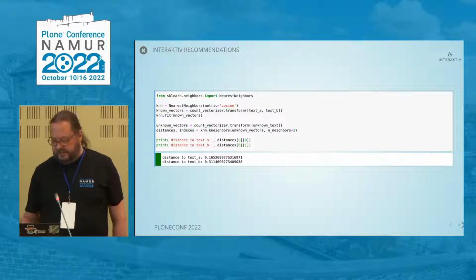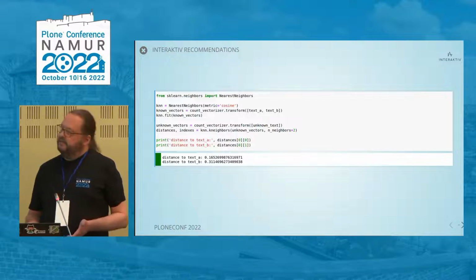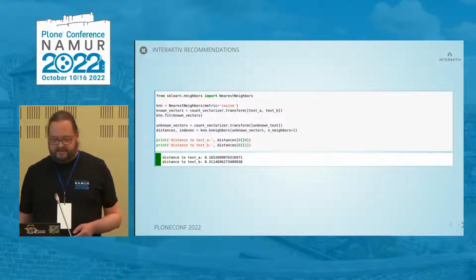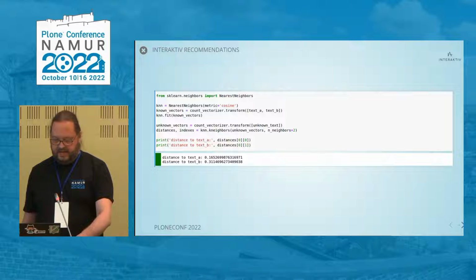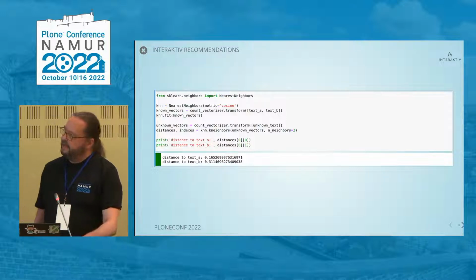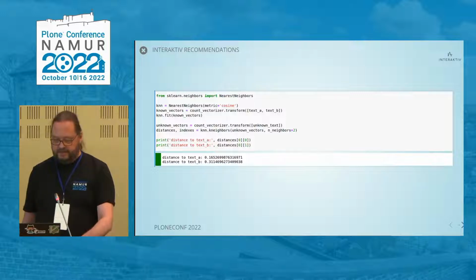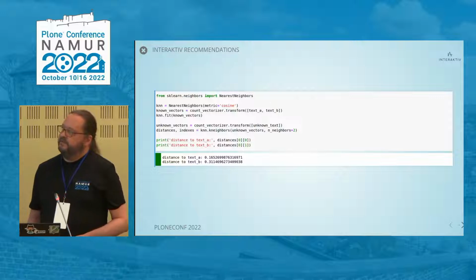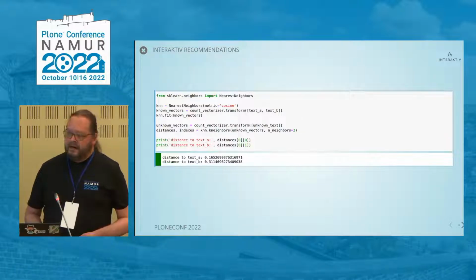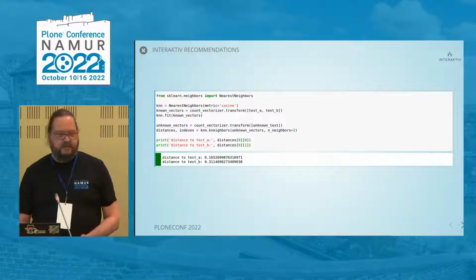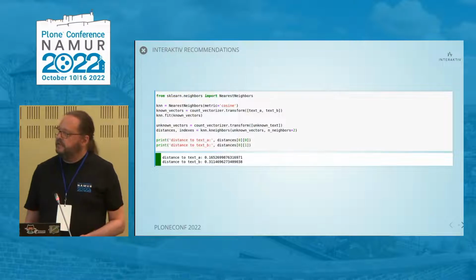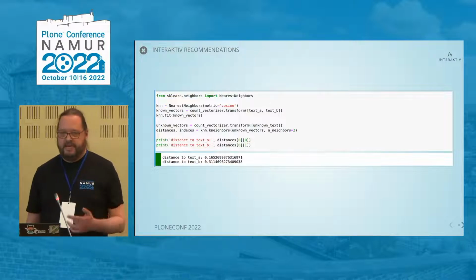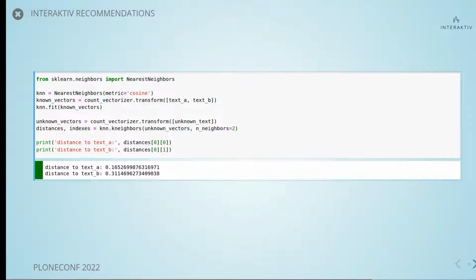And so the similarity of the unknown text to text B is higher than the similarity of the unknown text to text A. And that is basically how you can use scikit-learn to calculate the distances and similarities of texts. And we have used this in our Plone add-on.